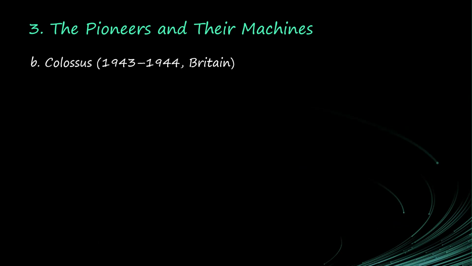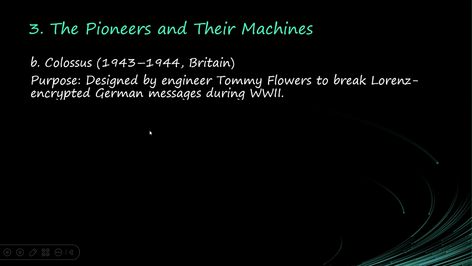So let's take a look at the second one, the Colossus. Colossus was designed in Britain in 1943 to 1944, to help Britain in World War II. It was designed by engineer Tommy Flowers to break Lorenz encrypted German messages during the war. Somebody in Germany was sending messages that were encrypted.